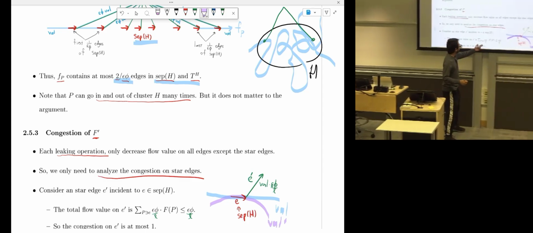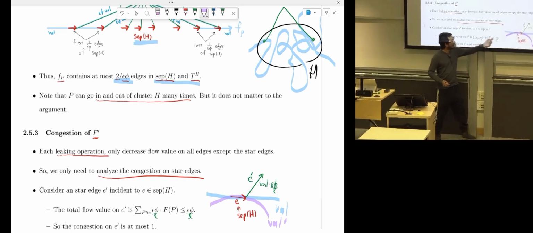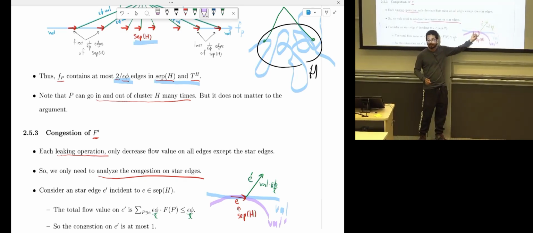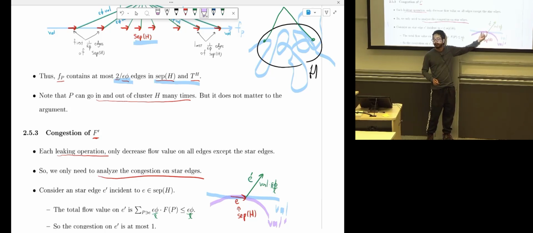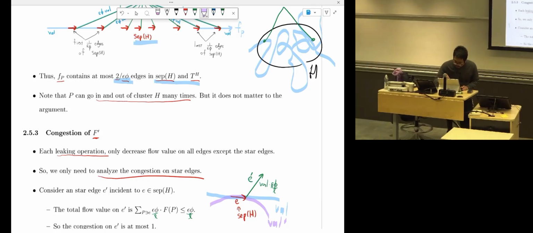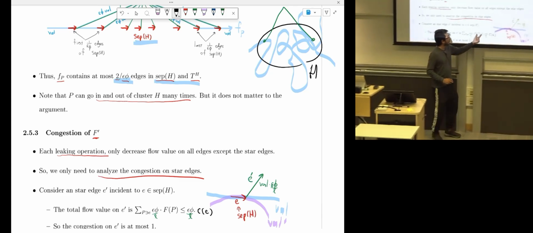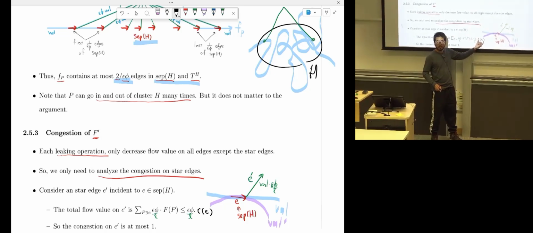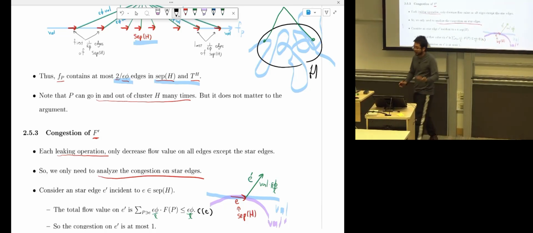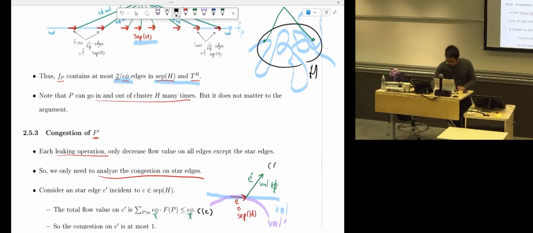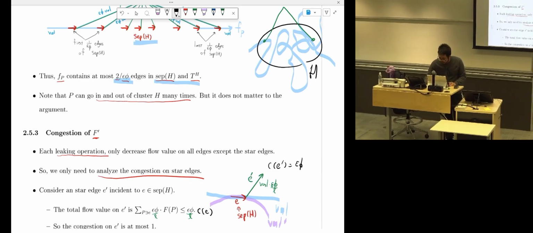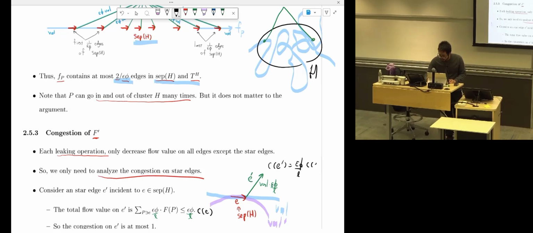But the total flow that goes through E is at most the capacity of E. What's the capacity of E prime? Well, we set it to be literally this thing, the capacity of E.